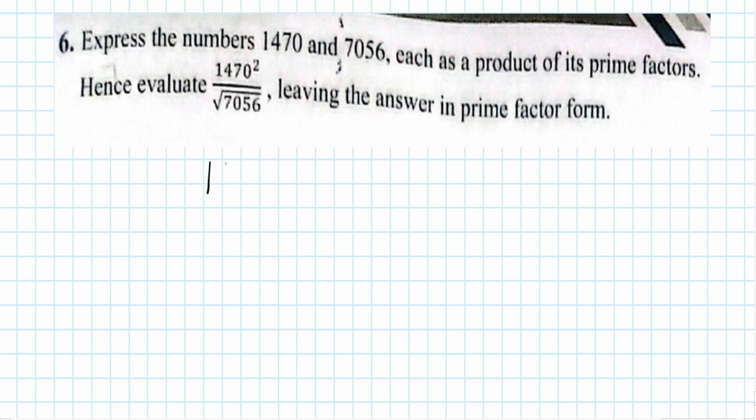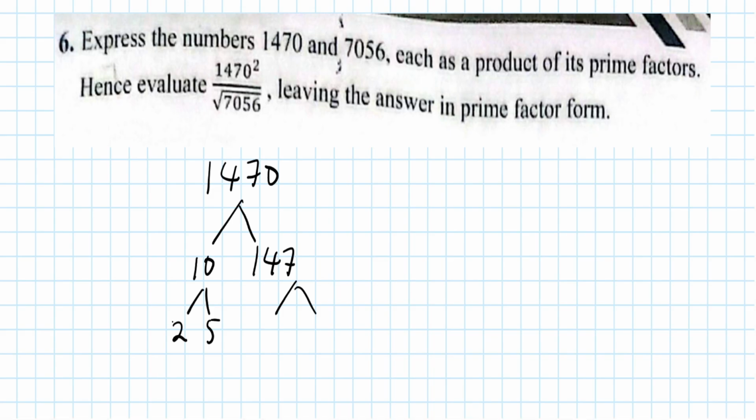So 1470, let's express it. You have 1470, which you can write as 147 times 10. So 10 is going to become 2 and 5. 5 times 2 gives you 10. So 147. Obviously here we need to divide by 147. Can I divide by 9 so that it becomes easy?